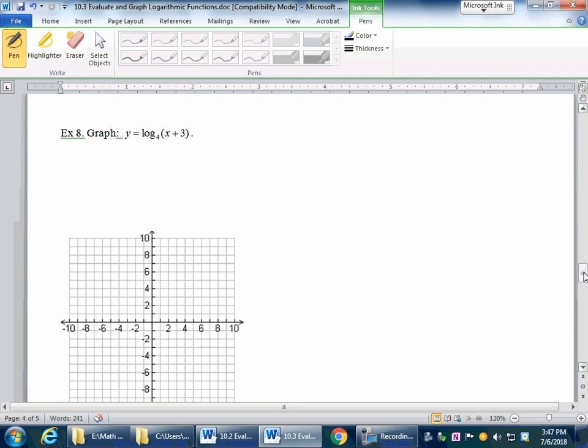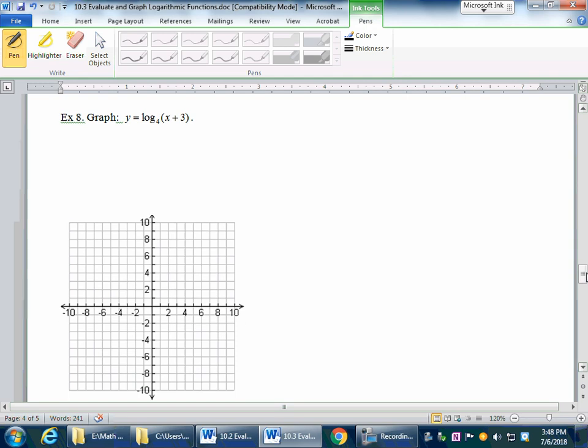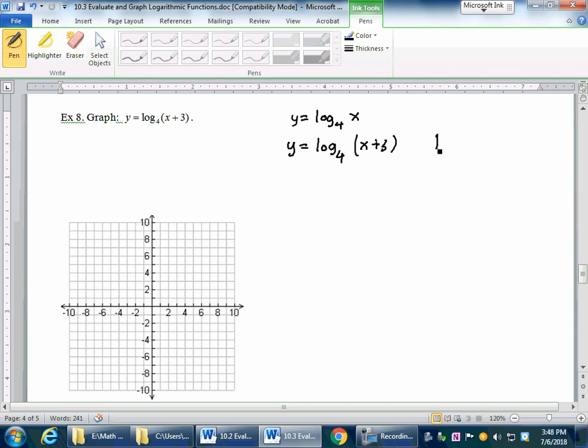So in here, my parent graph will be y equal to log base 4 of x. There's nothing added or subtracted to it. And from here, I'm going to be doing the transformation, which is log base 4 of (x plus 3). So notice that I'm adding 3 to the x value. So that means it is going to shift left 3 units.